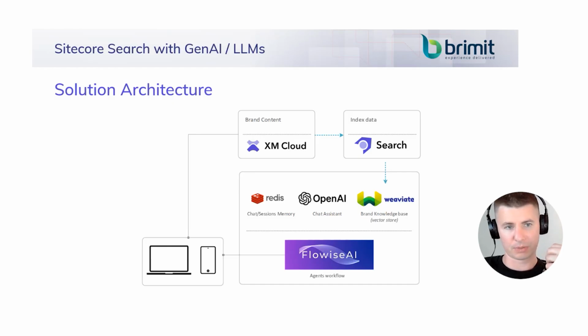To do it, we use the Weaviate database as a vector store. We use OpenAI Assistant as a main agent with the ChatGPT LLM. We also use Redis for session and chat memory storage and for caching. And all of these are configured in Flowise AI.